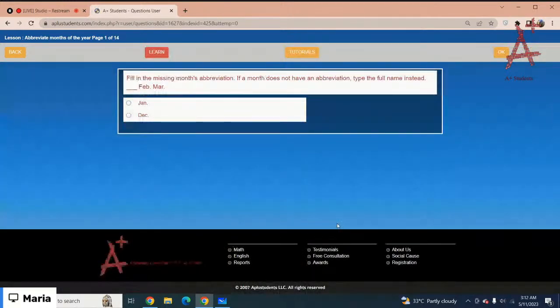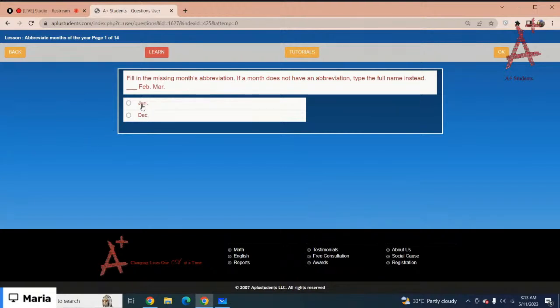Fill in the missing month's abbreviation. If a month does not have an abbreviation, type the full name instead. Which is the month before February and March? Yes, that would be January.